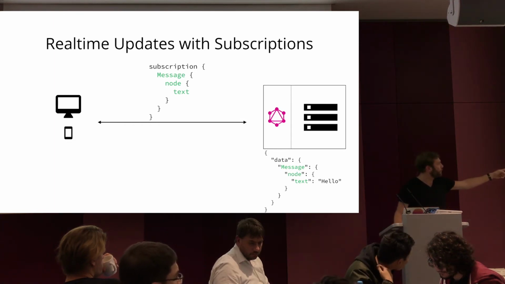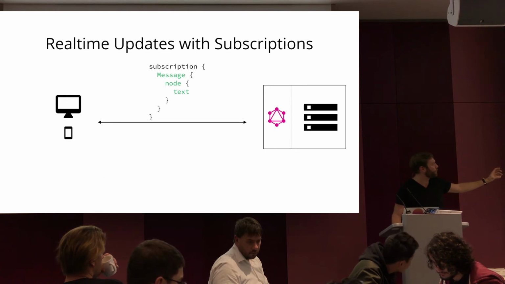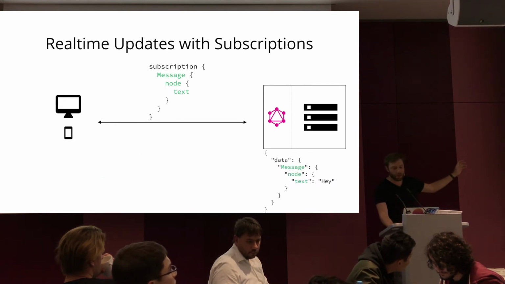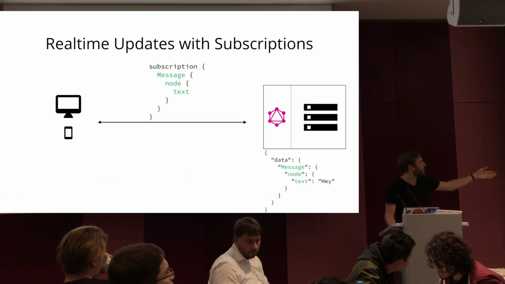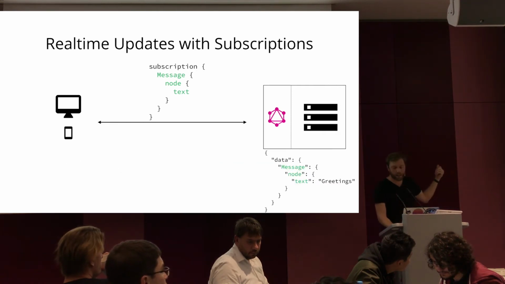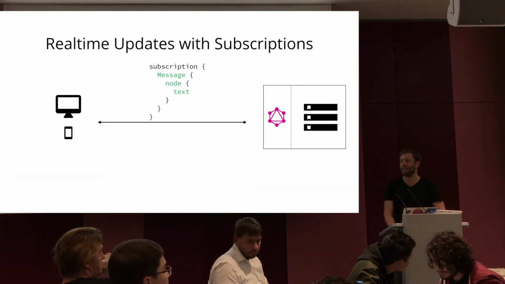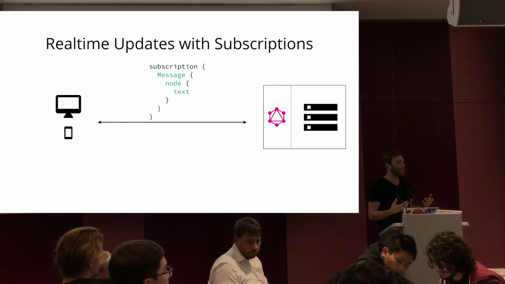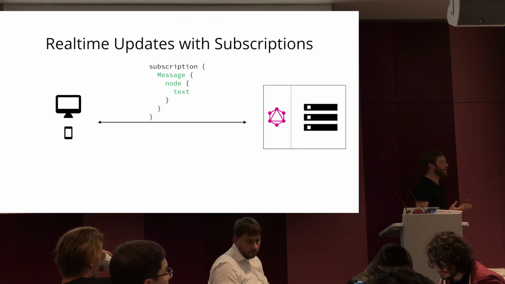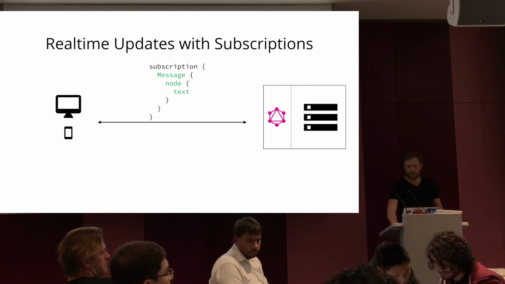Then the server is going to take this information and push it over to the subscribed client. Let's assume another mutation with the text hey. The server is going to push this message again to the client, and another one with greetings. Again, this will end up at the client side. So that's basically how subscriptions work. They allow you to have this real-time mechanism for your application.